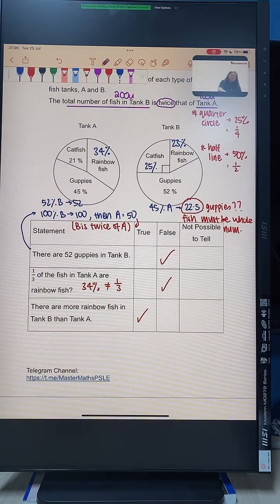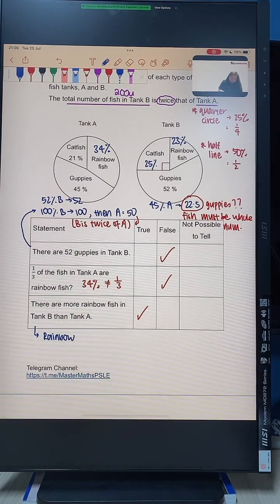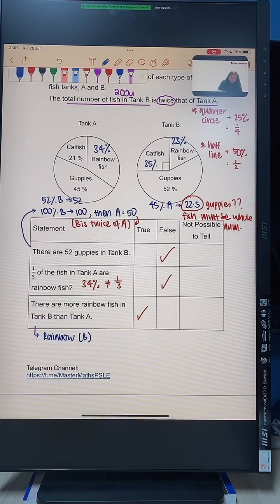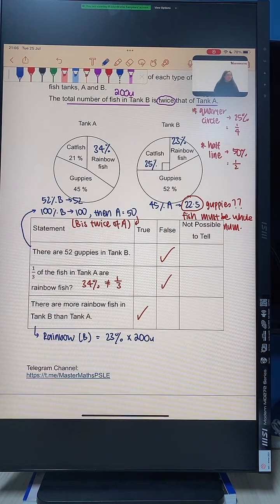Let me show you why, okay? In tank B, the rainbow fish in B is your 23%. So that's 23% of, remember our total, we called it 200 units. So 23% of 200 units will give us 46 units.